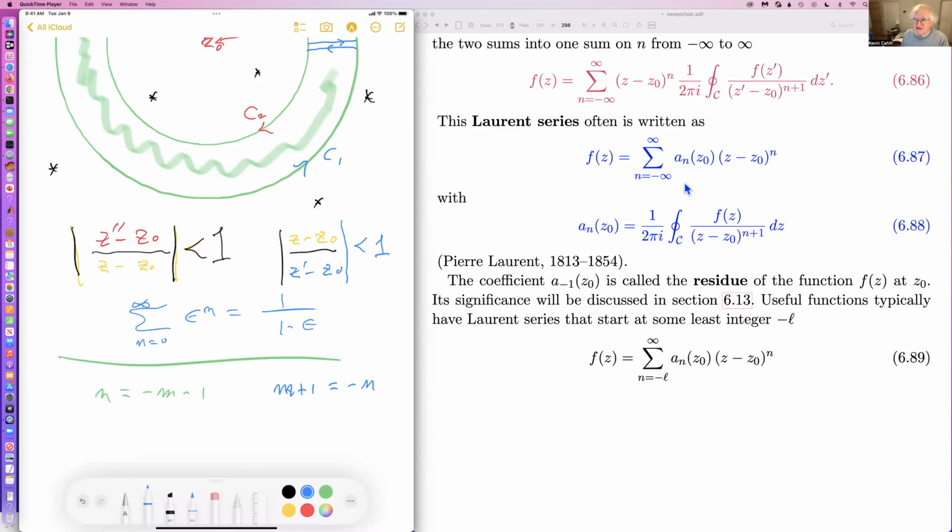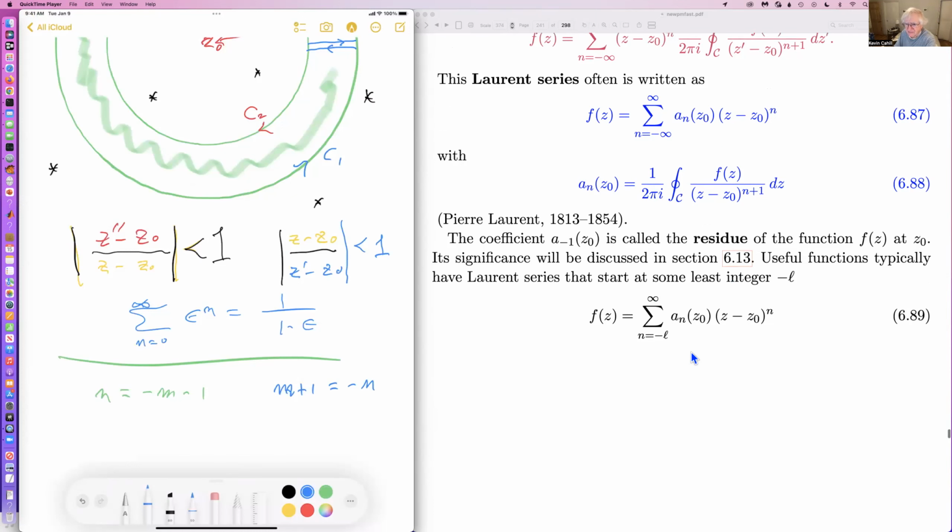What is a little different is that the functions that we normally deal with, and the functions that are actually most useful, are ones that don't have series that go from minus infinity to plus infinity, but start at some negative L or some positive L, have a finite starting point, and then frequently go all the way to infinity.